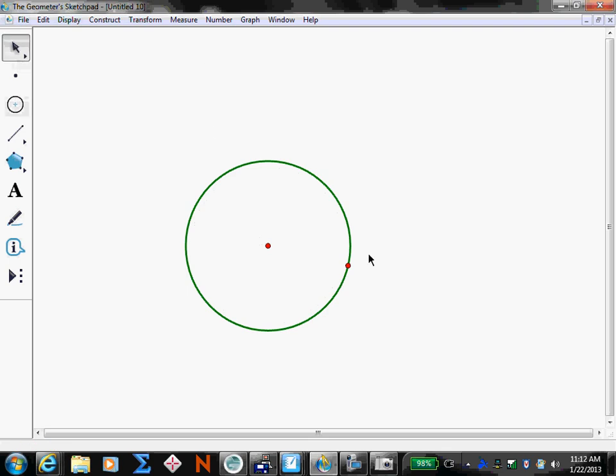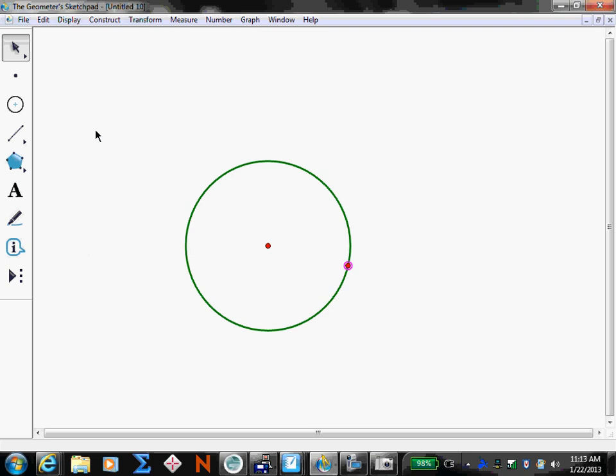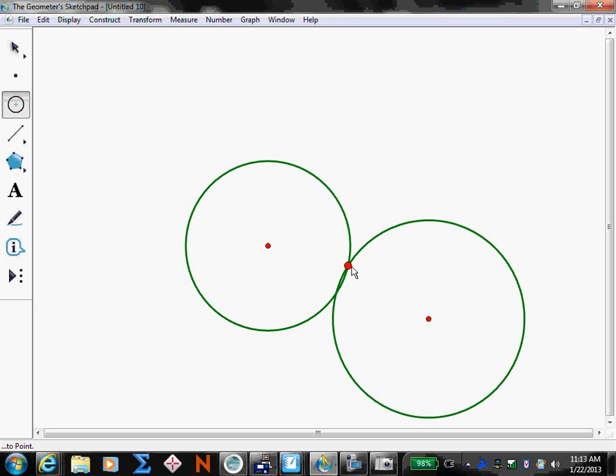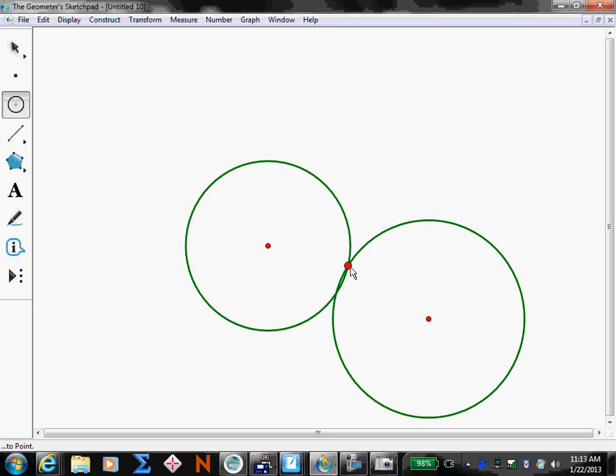Let's see, I'm going to highlight this point, and I want to make it externally tangent. So I'm going to start here, and I'm going to have it connect at that point. But I only wanted to touch at that one point, and you can see that these circles are intersecting at 2 points. So that is not going to be tangent circles.